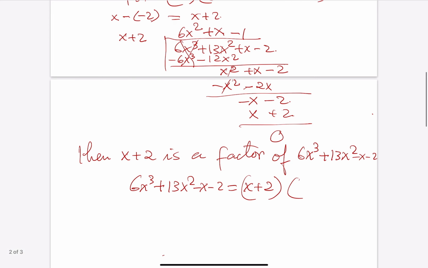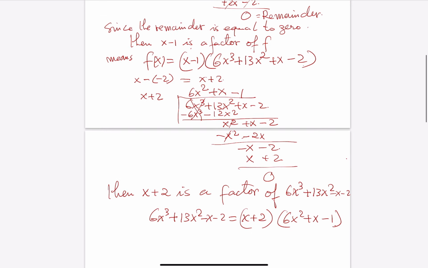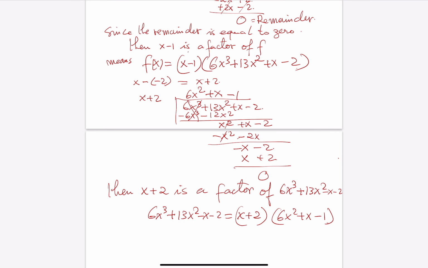And the quotient here is 6x squared plus x minus 1. Got it? And now, listen up here. Take this one, substitute it here.